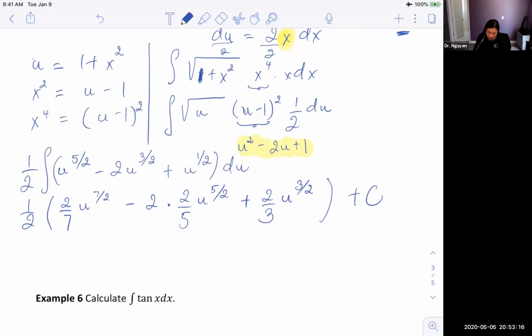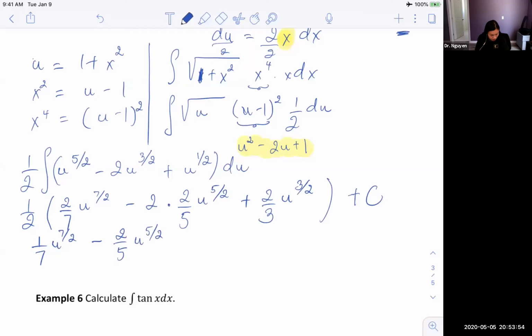Okay. Anyway, make sure you distribute the 1/2 as well. So distribute, distribute, distribute. So what I have is gonna be, let me just distribute first. 1/7 u to the 7/2, minus, so we have 2, cancel out with 2, so minus 2/5 u to the 5/2.